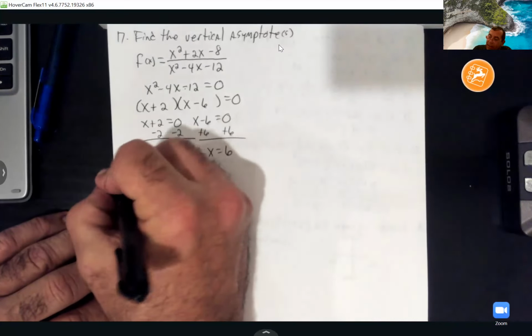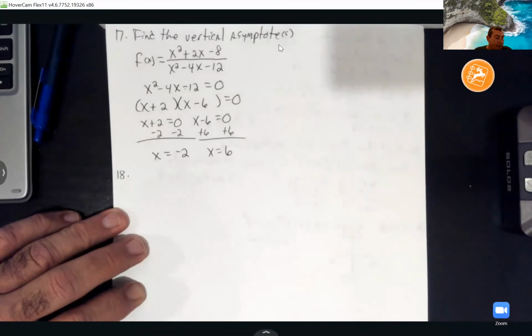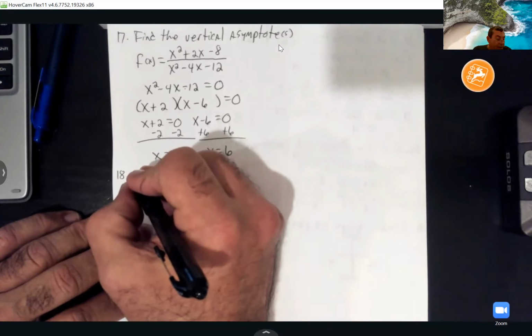All right, y'all, number 18. They want us to find the value.